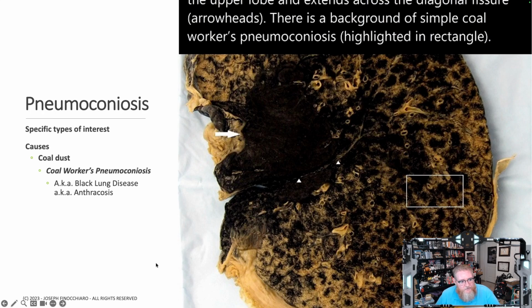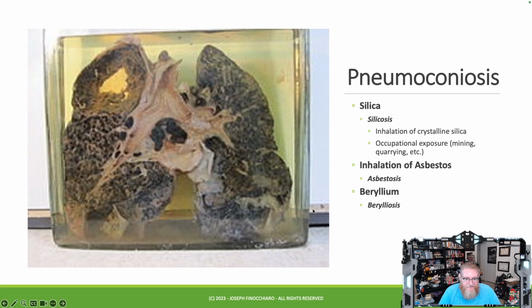So the first one is coal workers' pneumoconiosis, also known as black lung disease or anthracosis, which is caused by coal dust. You also have silicosis, which is caused by the inhalation of crystalline silica. And once again, this is an occupational exposure as a result of mining and quarrying.